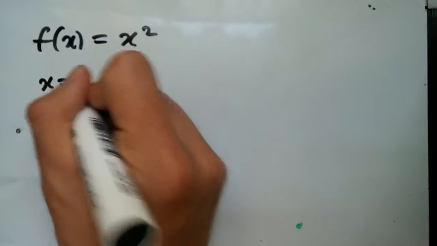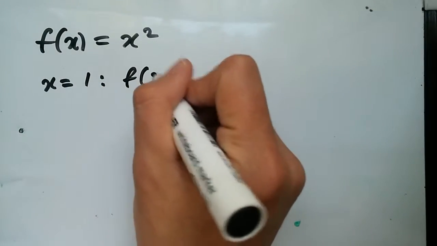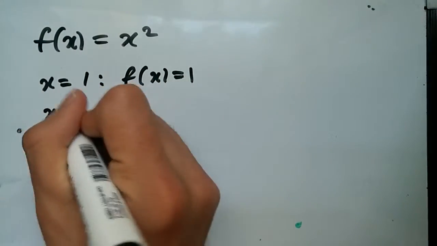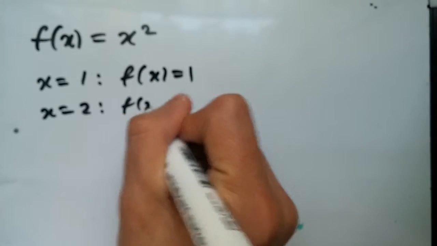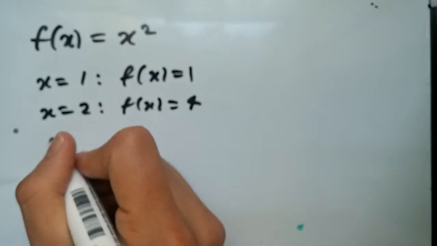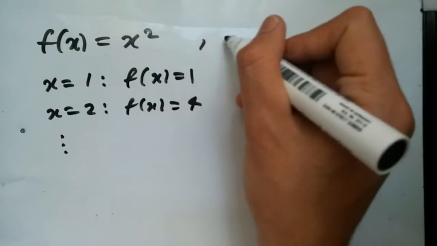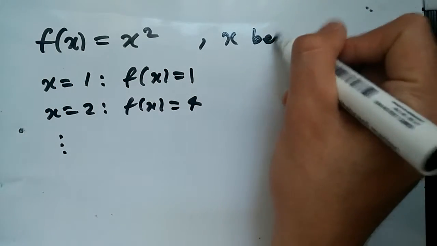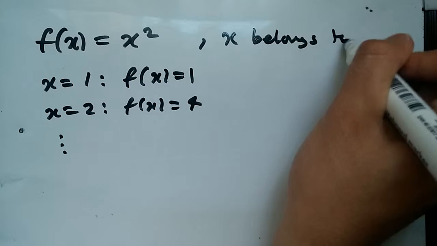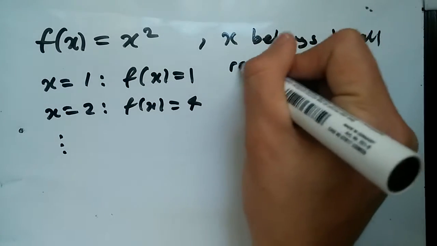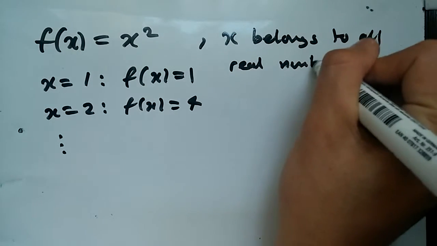If x equals 1, the function equals 1. If x equals 2, the function equals 4. In other words, you can substitute any number and it doesn't cut off. At this point, we say that x belongs to all real numbers.